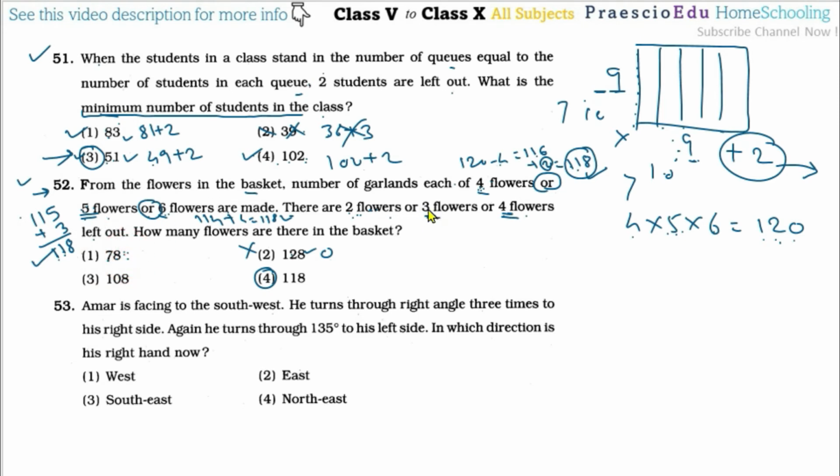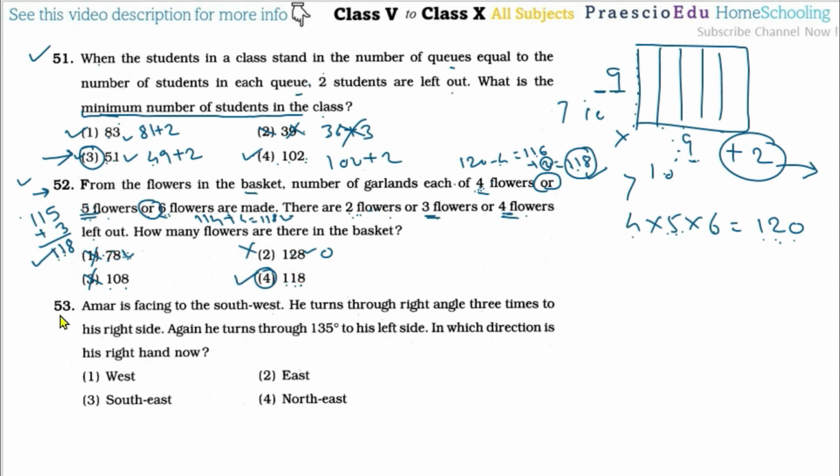And even if we divide by 4, there is only 2 as balance, but for the 6 flowers and the 5 flowers, this condition cannot be fulfilled, so 78 also cannot, and the same for 108. So only 118, this number, can fulfill our conditions.